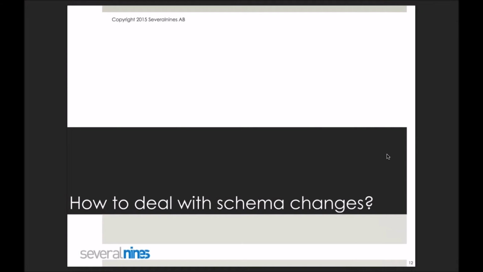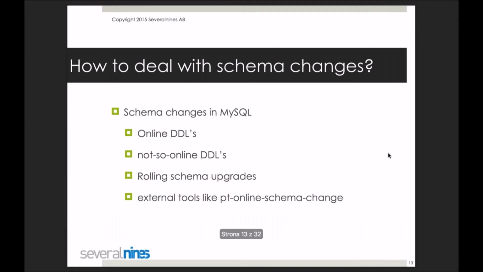So I think this job is still running, so let's proceed with talking about dealing with schema changes in MySQL replication. Schema changes in MySQL, in general, you can put in 4 categories. Online DDLs, so these are the DDLs that are not locking writes to the table.